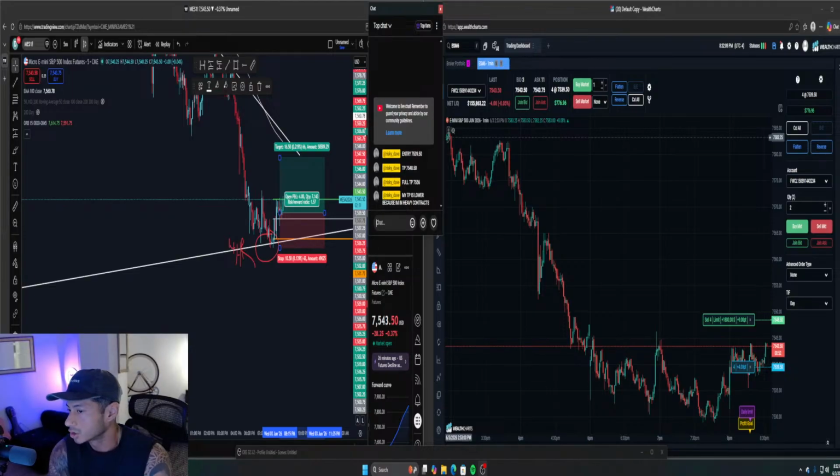Took this trade based off of a 4-hour trend line, and we are currently up.